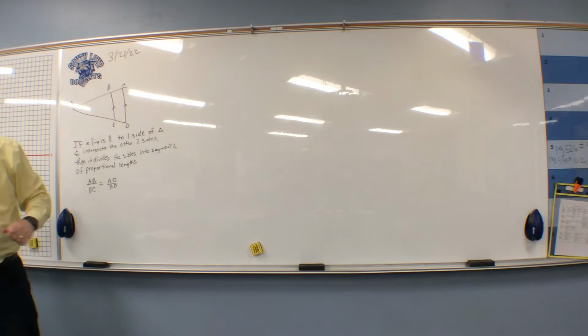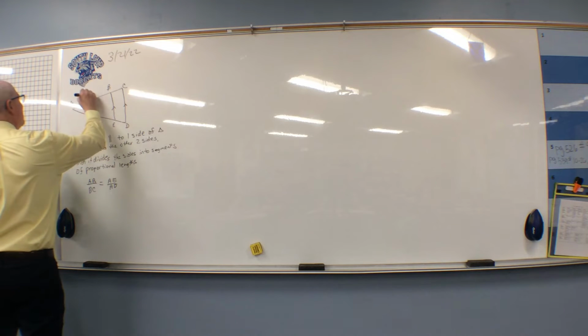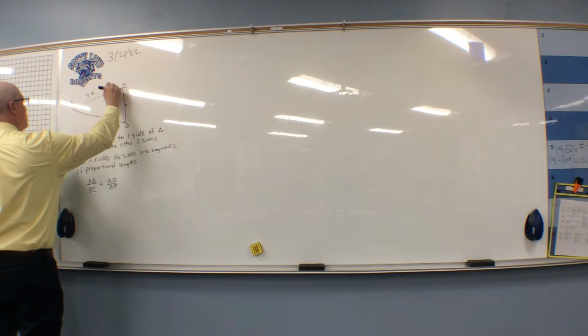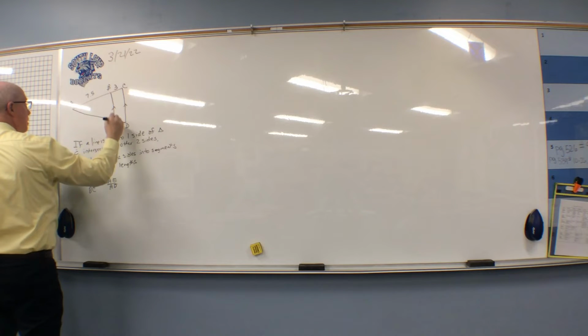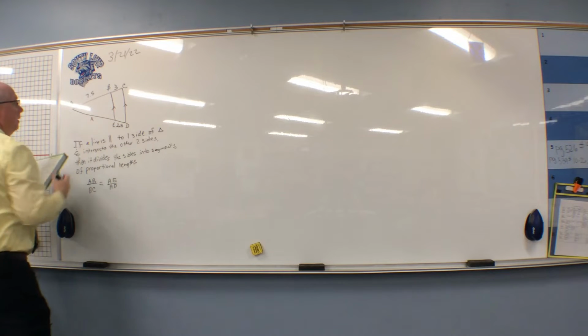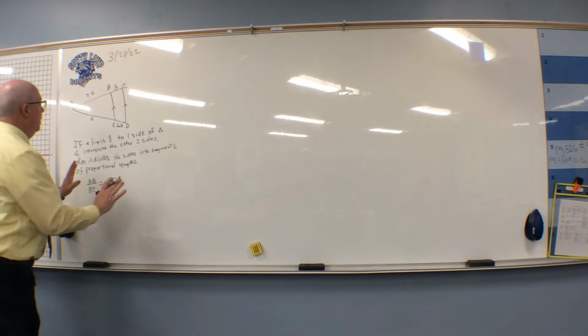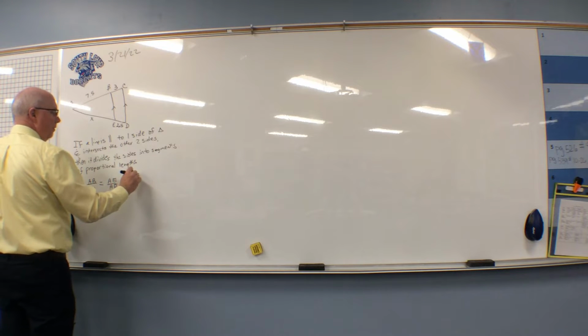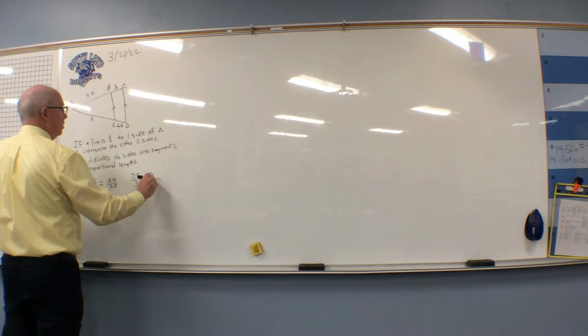Okay, so let's assign some sides here. If I go, this is 7.5 and this is 3, okay? And I go, this is 2.5. This is X. I don't have to use the whole side. All right, so what I can do is I can say 7.5 is to 3 as X is to 2.5.